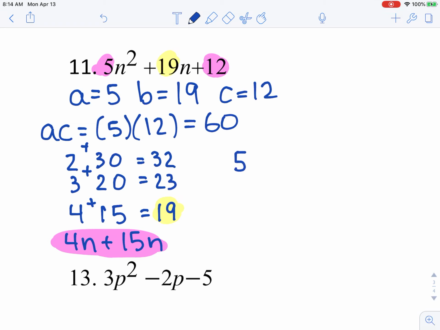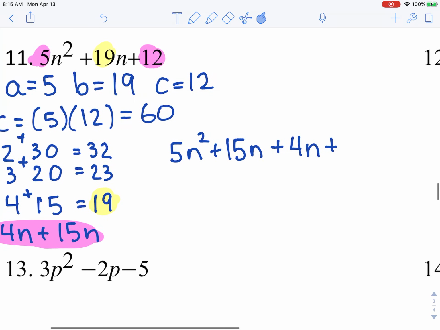So I'm going to write them as 5n squared plus 15n, because I know 15 and 5 have a common factor, plus 4n plus now 12. So I replaced the 15n plus 4n. I put that in place of the 19n.